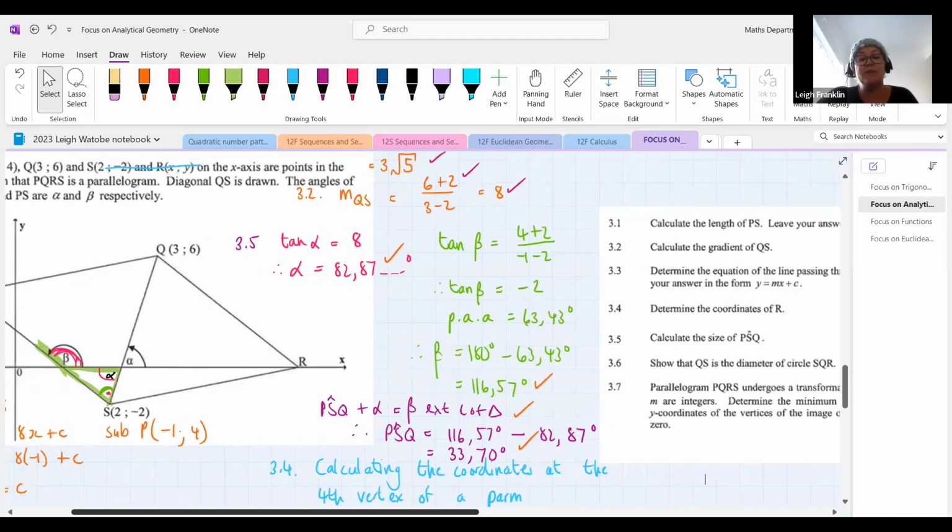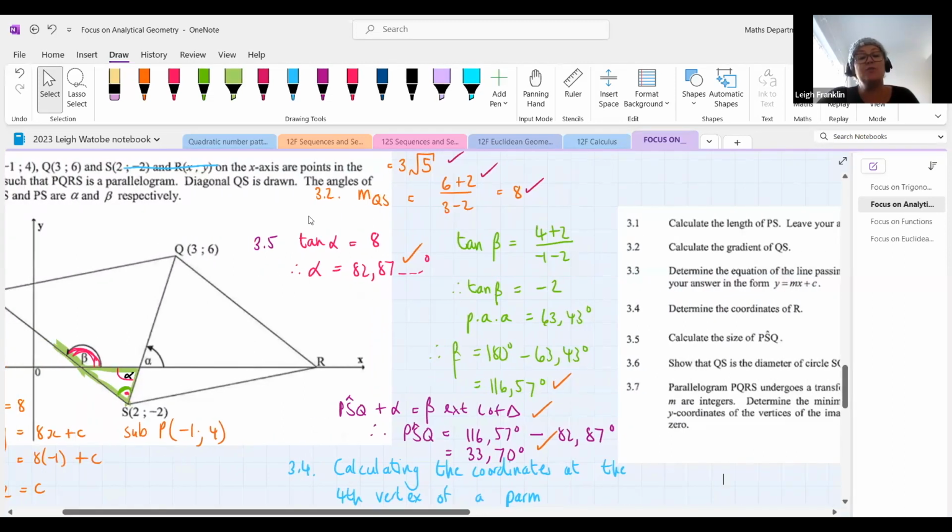It's around SQR, so it's around this triangle over here. There can't be a circle drawn around a parallelogram because a parallelogram is not a cyclic quad. Parallelograms can't be cyclic for lots of reasons, but probably the easiest way to explain it is because their opposite angles are equal, not supplementary. So it's through S, Q, and R, not through all 4 points.